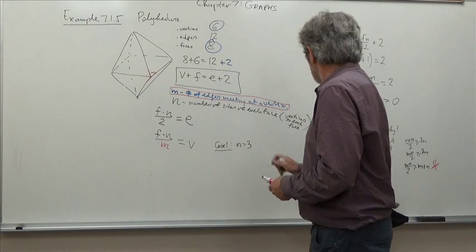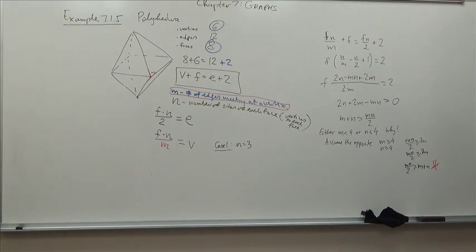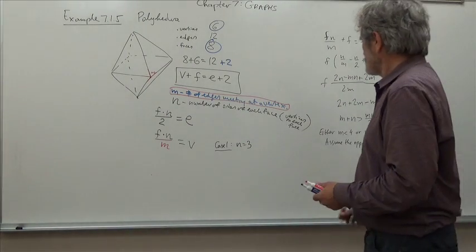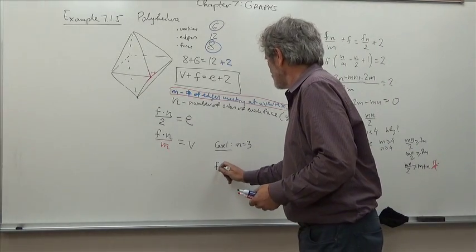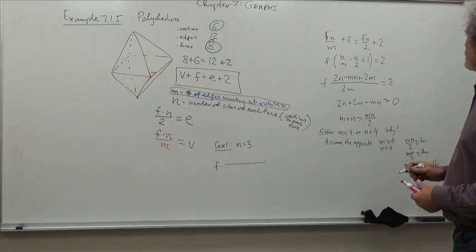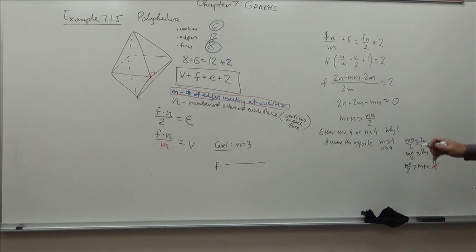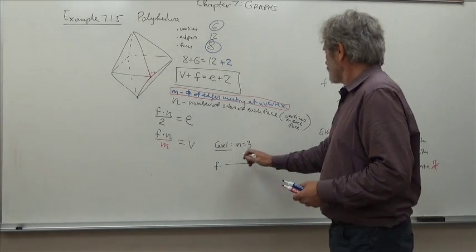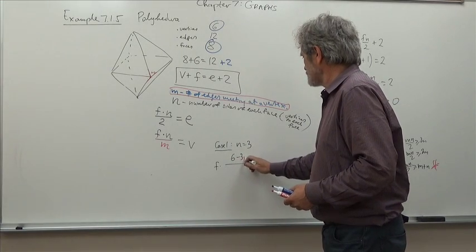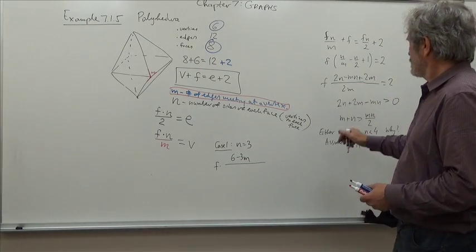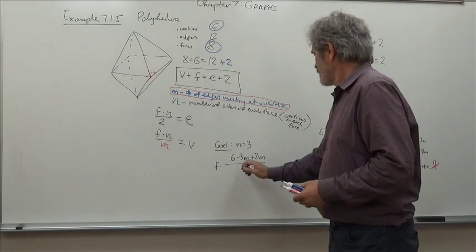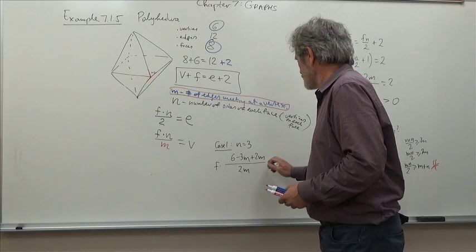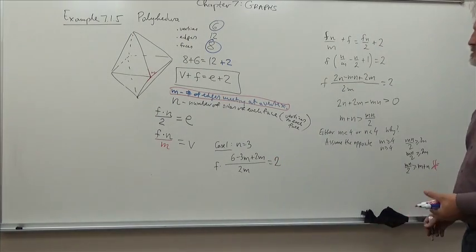Says n equals 3. So what is that telling us? Well, we have the following. We have F times, if n equals 3, we'll get 6 minus 3m plus 2m over 2m equals 2.